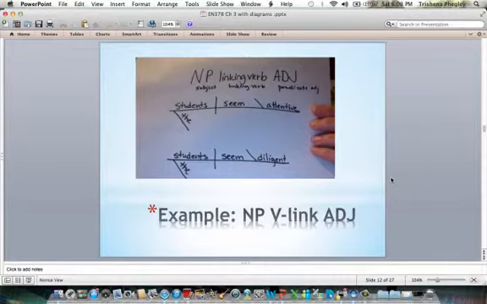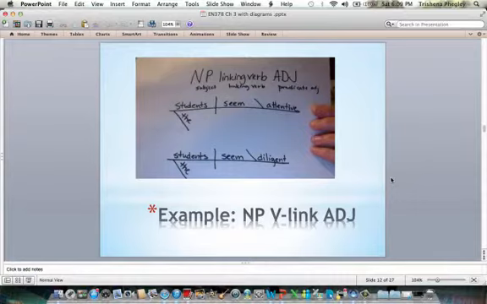So in these examples, the students seem attentive and the students seem diligent. In both cases, students is the subject, seem is the linking verb, and then attentive and diligent are both adjectives, and they follow that linking verb, so they are in that subject complement role again, and they describe the subject, or they describe students.